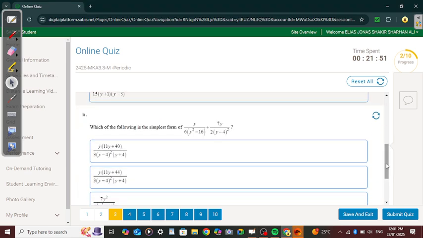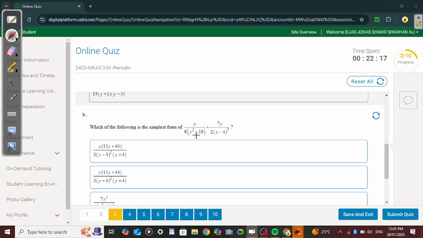Y over 6y² − 16 plus 7y over 2(y − 4)². Okay, to make it easier to know what each denominator is missing, let's expand the denominators. Not the constants like 6 and 2, just y² − 16 and (y − 4)².